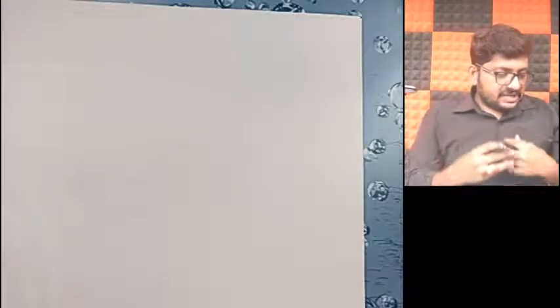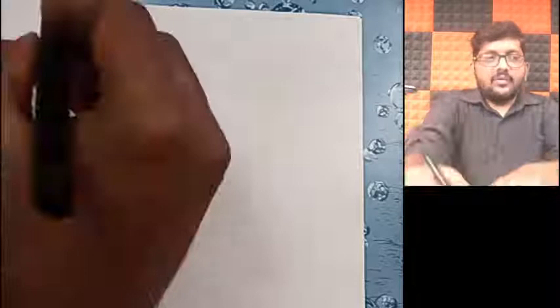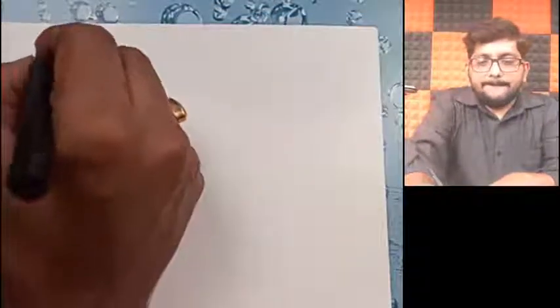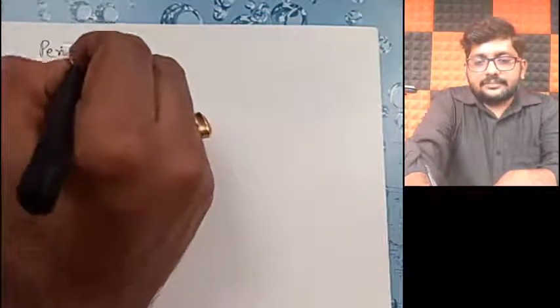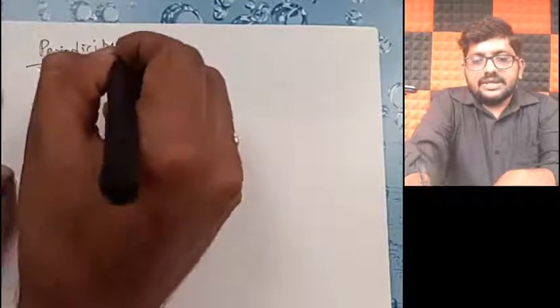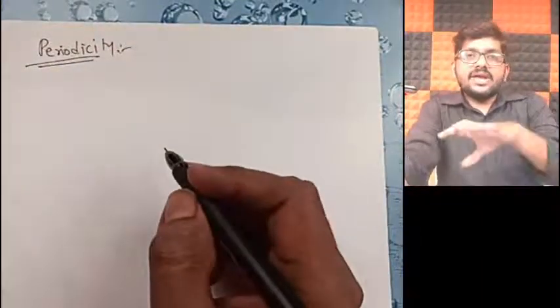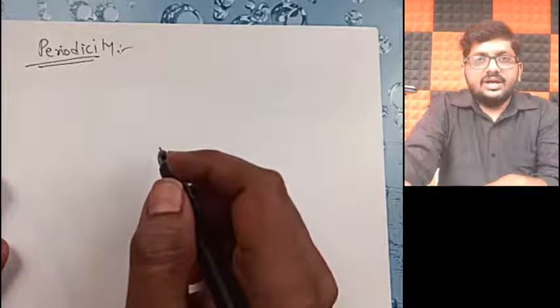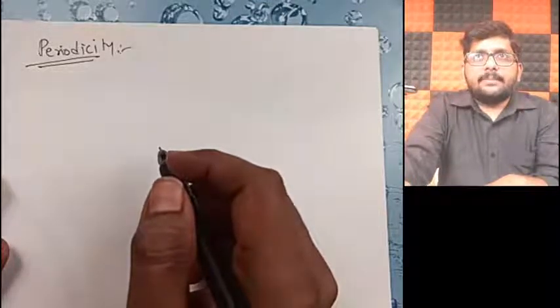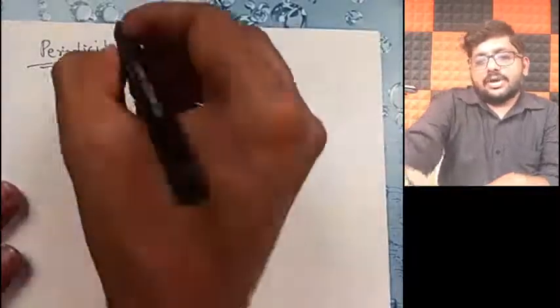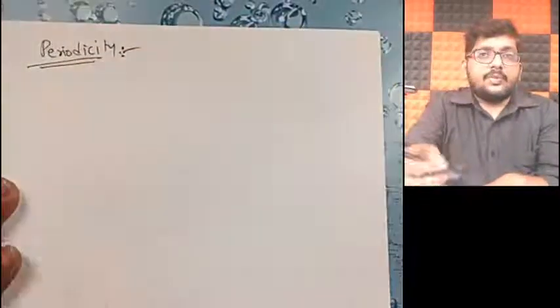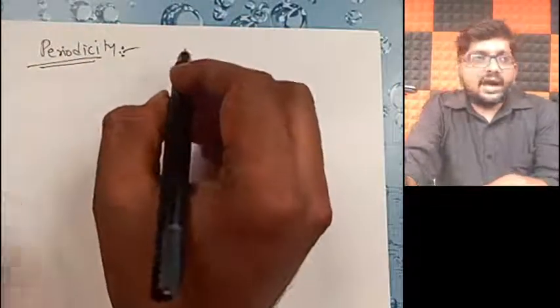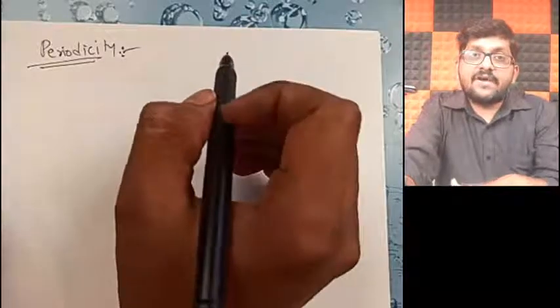As a part of our very basic discussion, friends, we have one more concept called the periodicity concept. Periodicity concept is all about this: whatever accounting you are doing, it must be for a period.